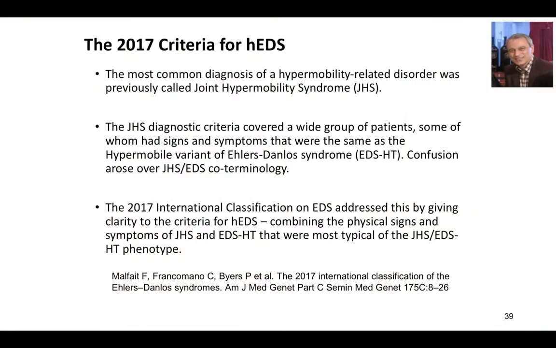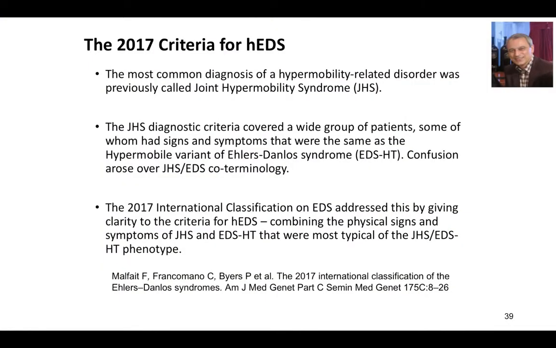So if you look at some of the papers that are being published, I just want to say that at the end, I've got 5 minutes. So just to say that, as I said, the Brighton criteria were too inclusive. Too many people were in the same category, and the classification was here to clarify who we would call hypermobile EDS for future research.